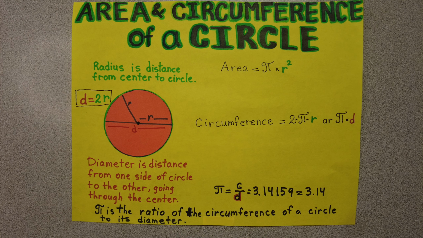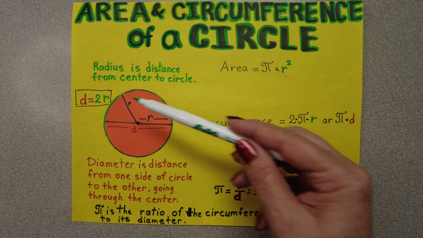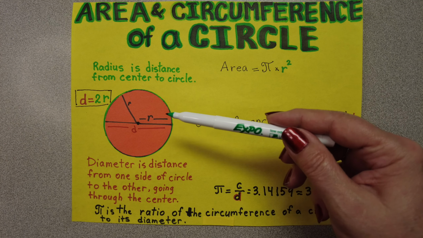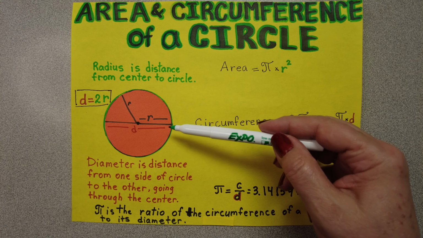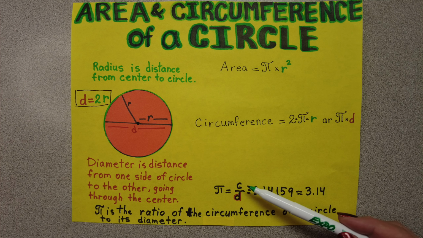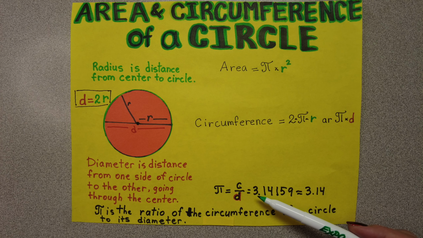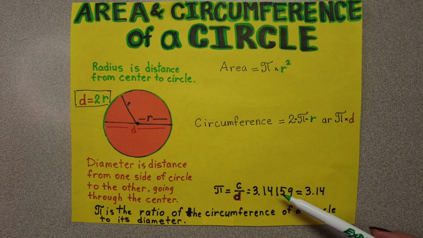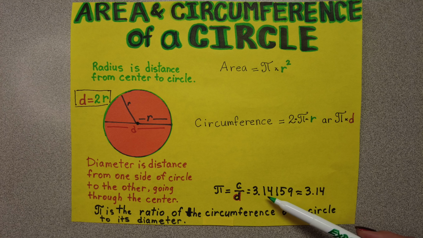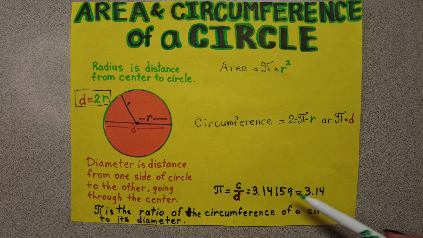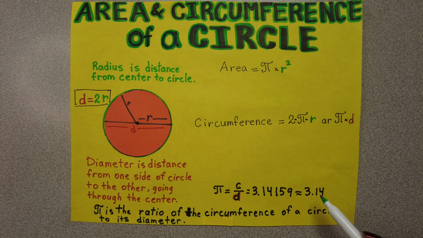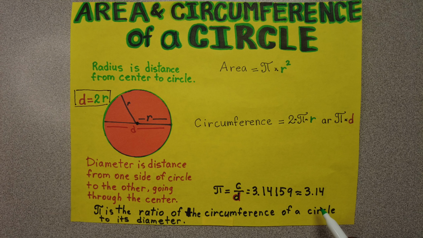What is pi? Pi is the ratio of the circumference of a circle to its diameter. That means pi is circumference divided by diameter, which is equal to 3.14159, but we round it to 3.14.